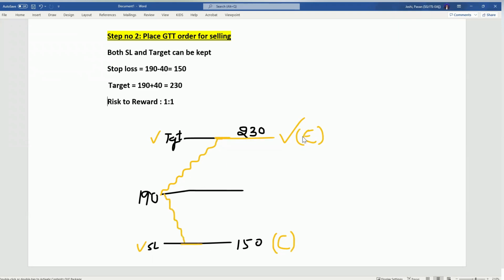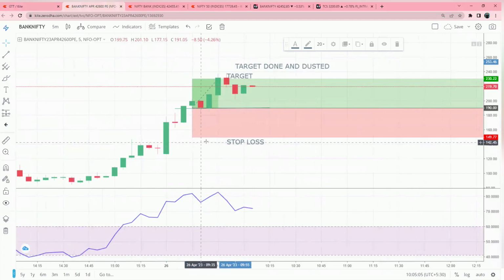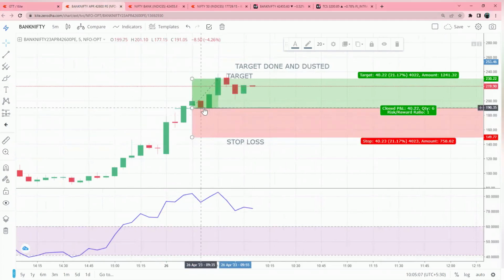Automatically my target order gets executed and my stop loss order gets cancelled. Similarly, if the market falls, my stop loss order will get executed and my target order will get cancelled. So one cancels another order. That's a wonderful feature of this GTT. You don't need to manage it. It automatically manages itself, entry and exit points. That's the beauty of it.